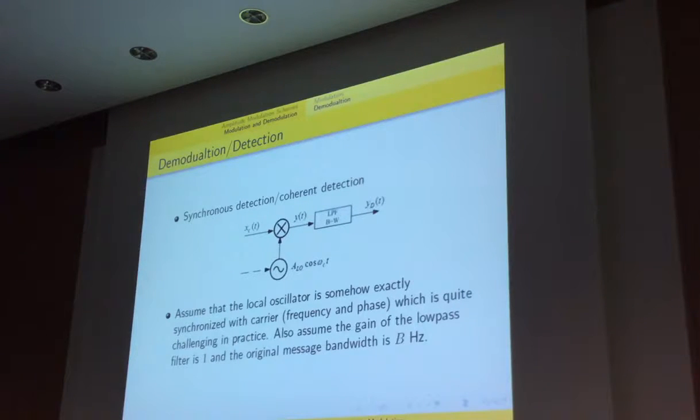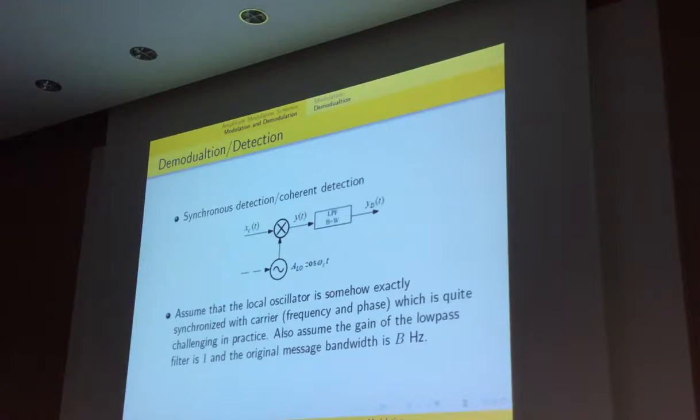Let's assume the carrier signal is A_c times cosine omega_c t, and the message signal is x(t), and the modulation index is mu. In that sense, x_c(t) is A_c times bracket 1 plus mu x(t), bracket, times cosine omega_c t.